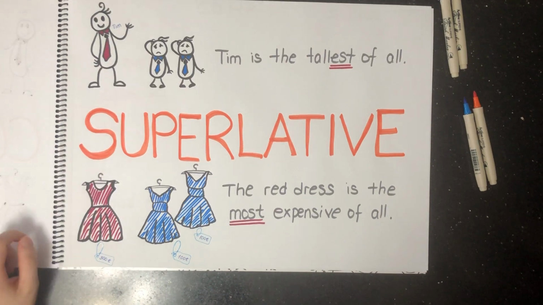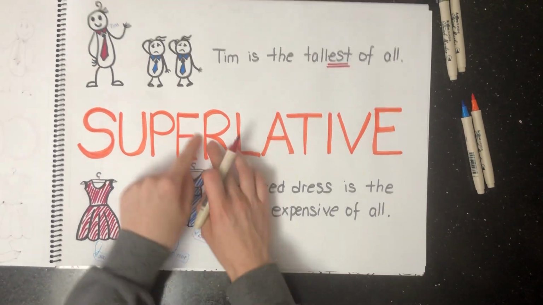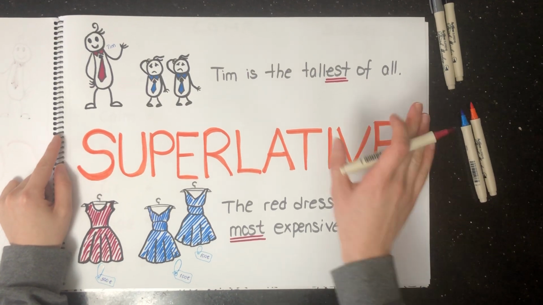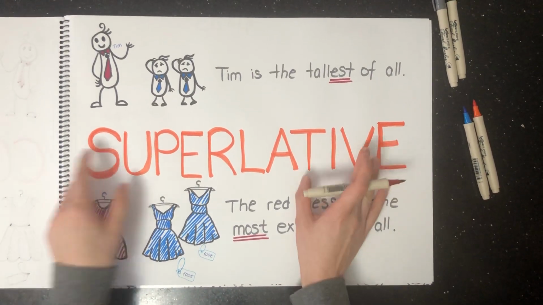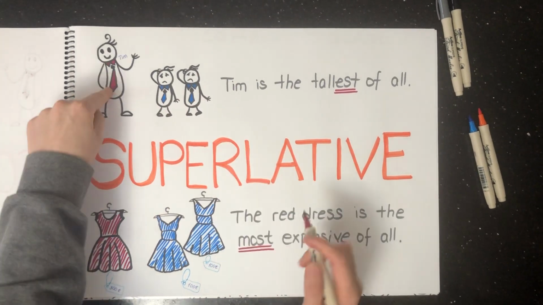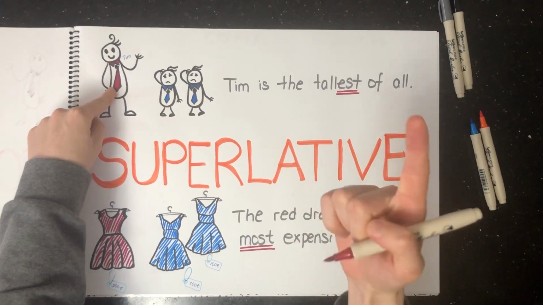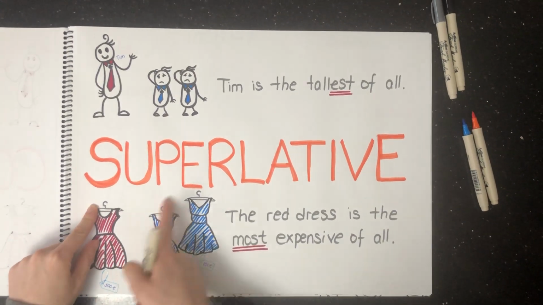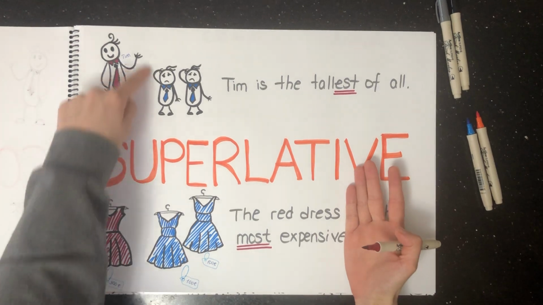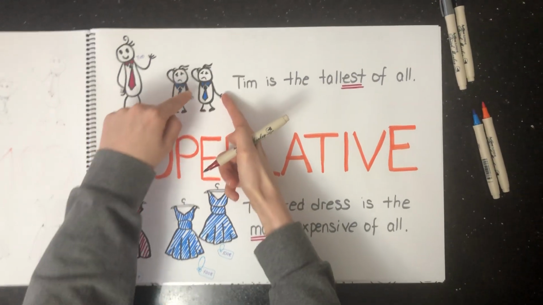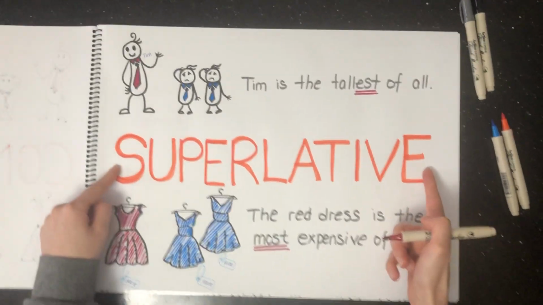Again, we have Tim. And again, we have dresses, but this time we have superlative. What is superlative? What is the difference between superlative and comparative? Friends, superlative is if we compare more people with just one person or thing. For example, there's just one dress, but we compare it with more than one. Here's just Tim, but we compare Tim with more than one person, so we say superlative.